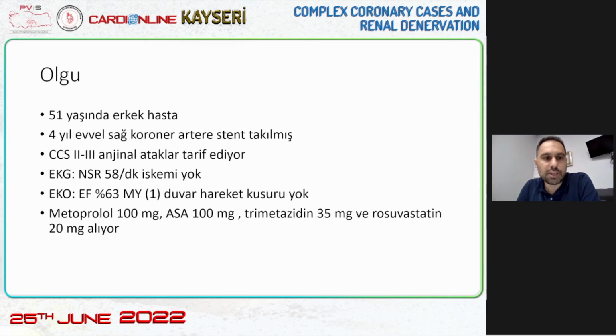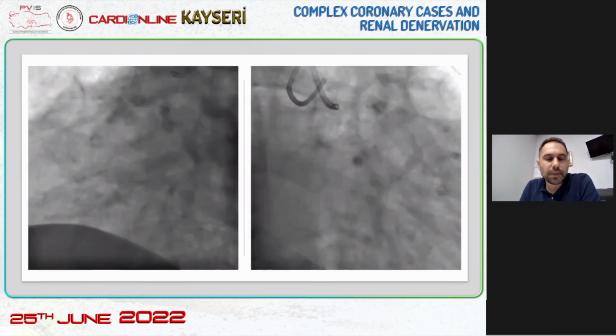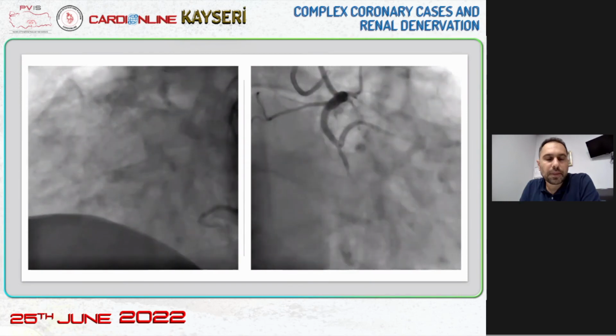At the right coronary side, there was a stenting 4 years ago, and anginal attacks are defined as CCS 2 and 3, and metoprolol 100 milligrams, aspirin, thiazidine are given.